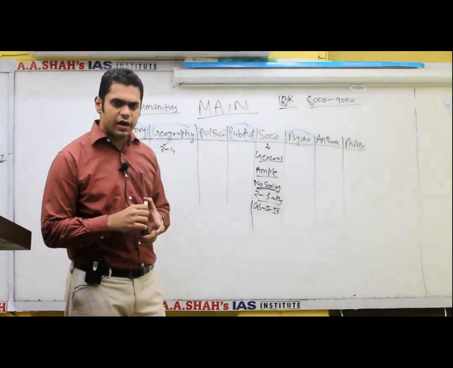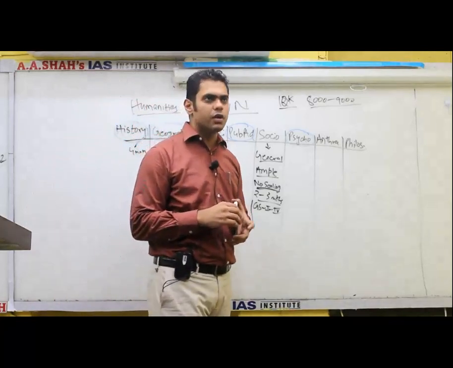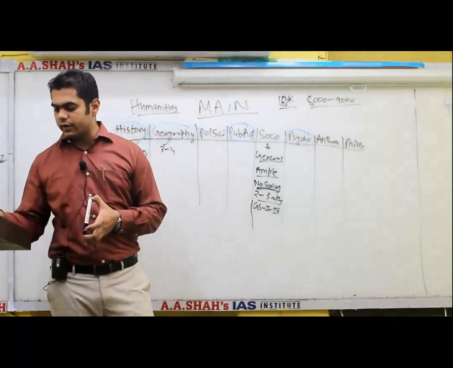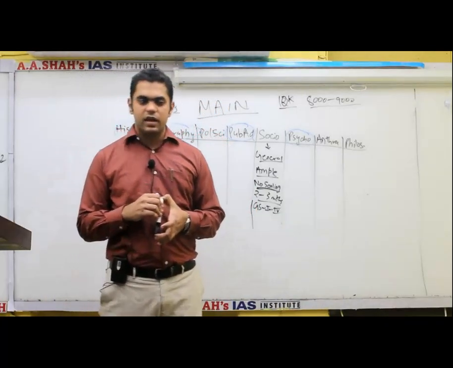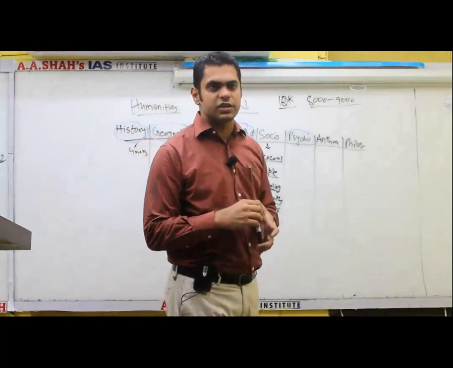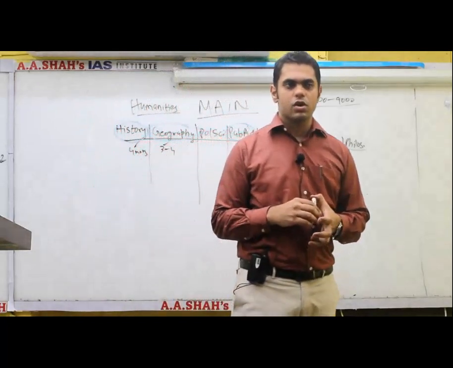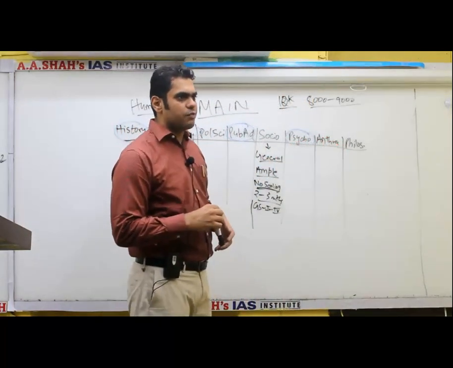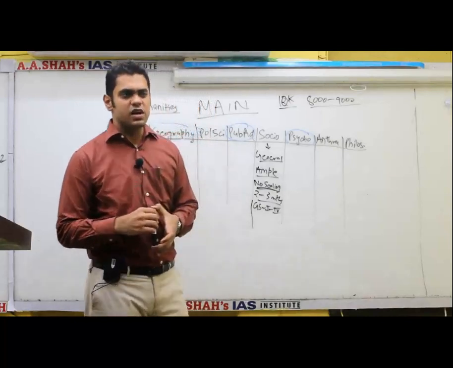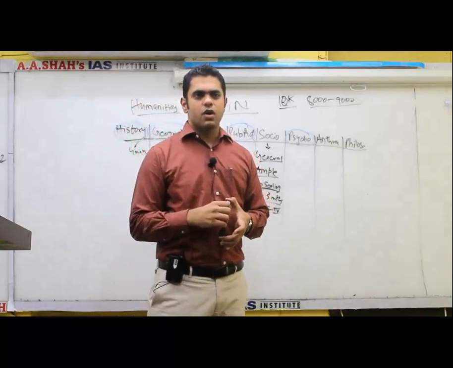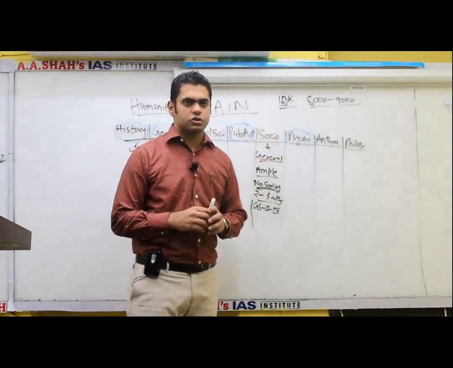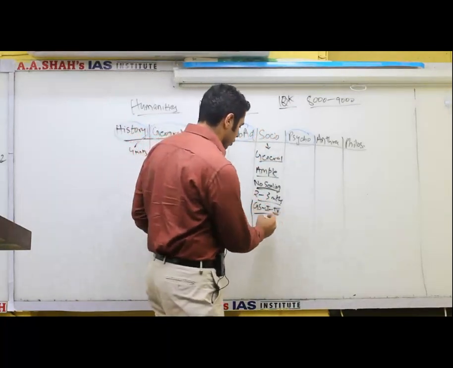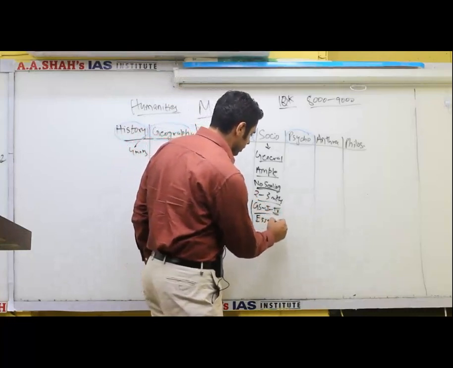Then in GS paper 4 again, you have topics like human values and emotional intelligence when you talk about. And then there are studies of reformers and administrators in your GS paper 4. So to an extent, these reformers and these religious revivalism, religious reformism, all these topics are taken up in your sociology optional. And then again, apart from your GS paper 1 to 4, it is very useful in the essay paper.